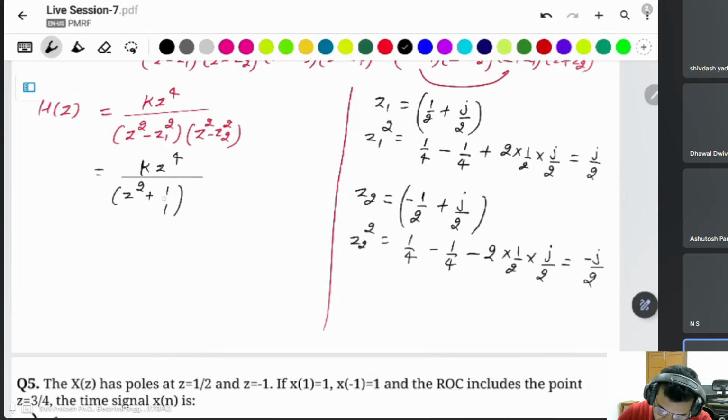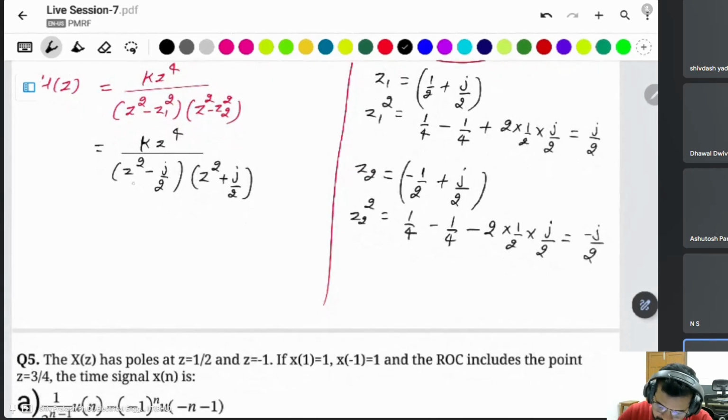Oh, sorry, this is the square only, that's why this will be j by 2 only. z square minus z2 square, z2 square is minus j by 2, it means j by 2. Okay, this is again a minus b, a plus b. Then you can write as z power 4 over z power 4 plus, j by 2 whole square is minus 1, so plus 1 by 4.